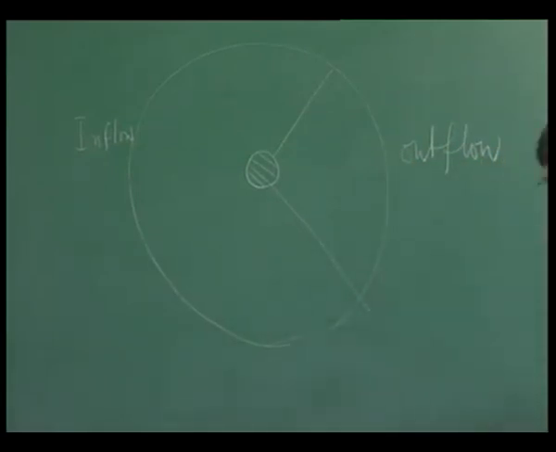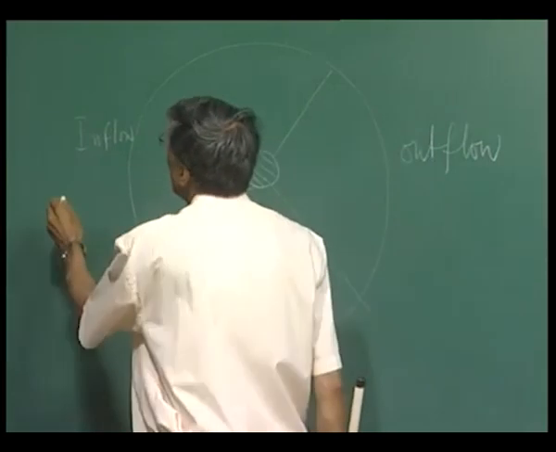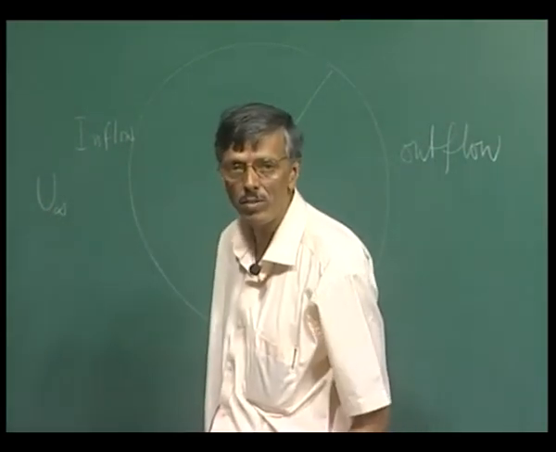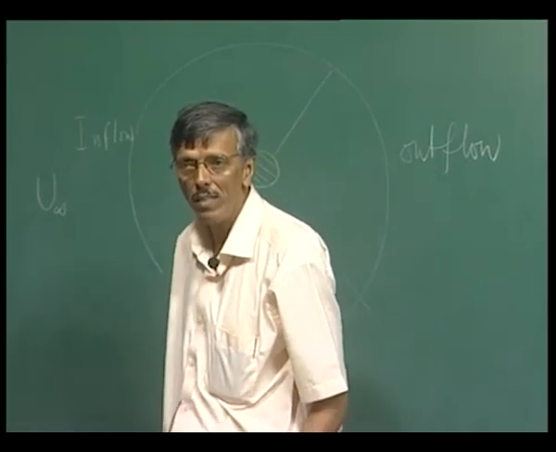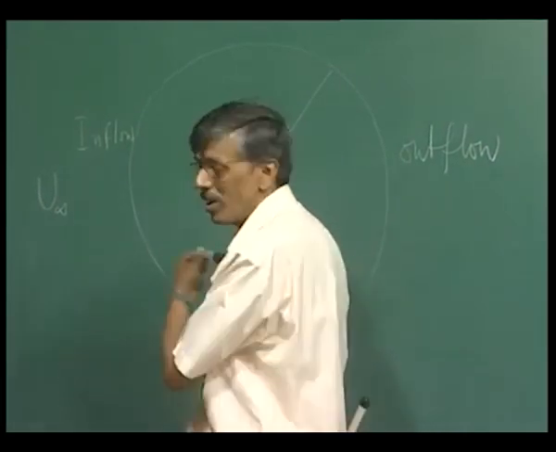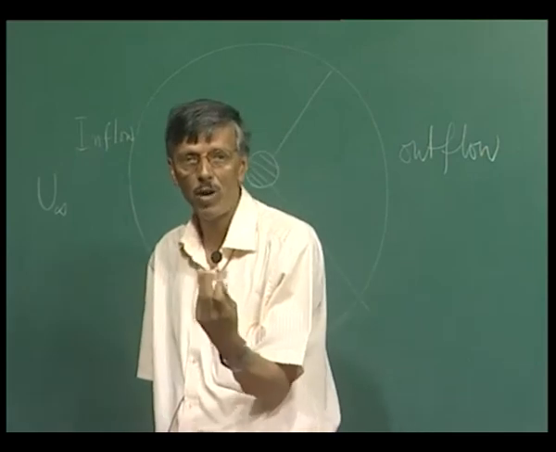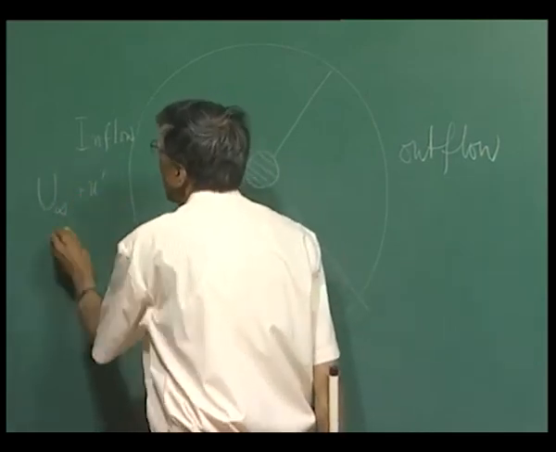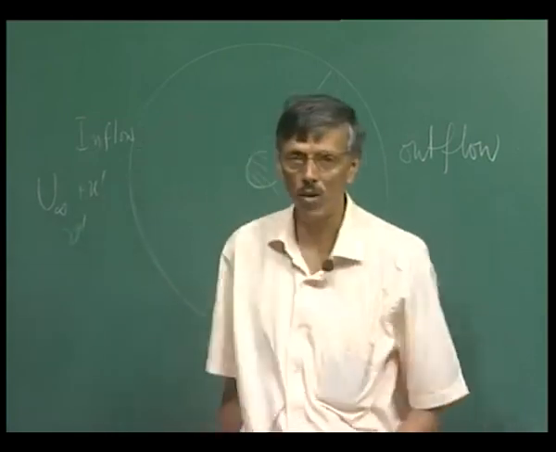And in the inflow, unlike what everybody else does, we take u infinity, and u prime, v prime. If we are doing a 2D calculation, we will only have two components, u prime and v prime. That is what we put in there.